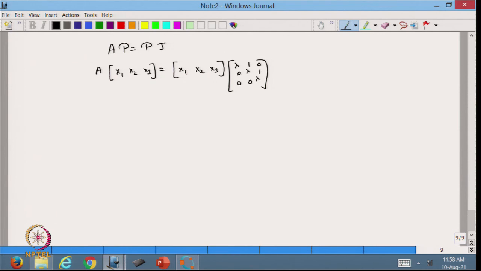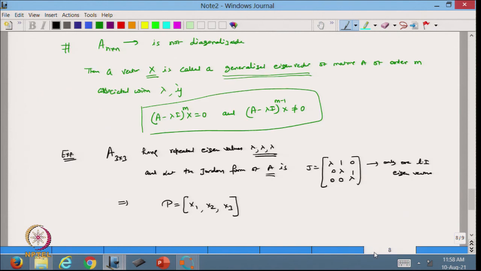This is given to me because I have taken that my matrix A has a repeated eigenvalue, and the Jordan form is of this form, the Jordan matrix.